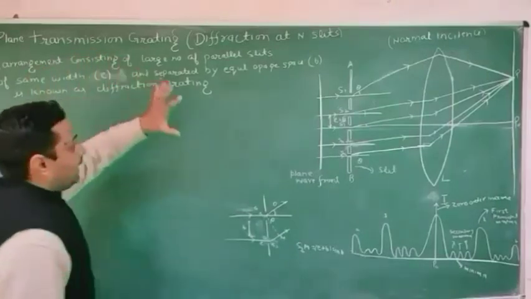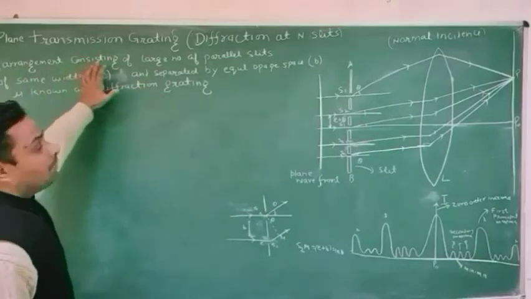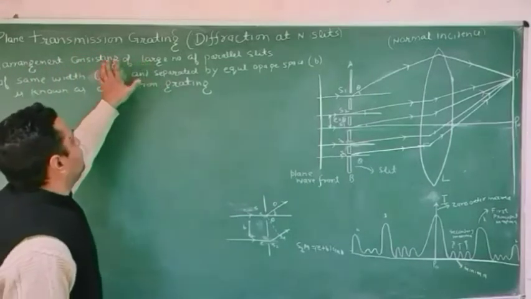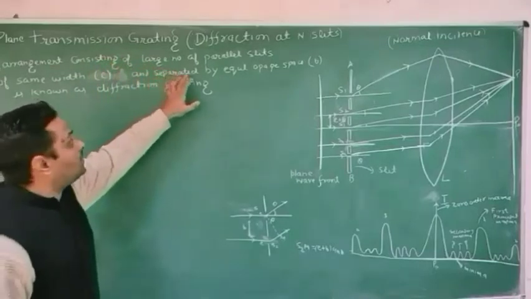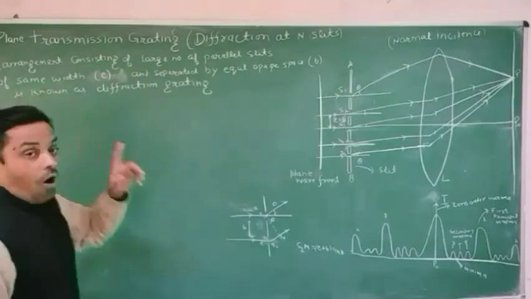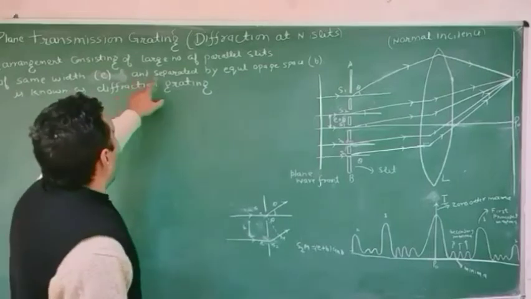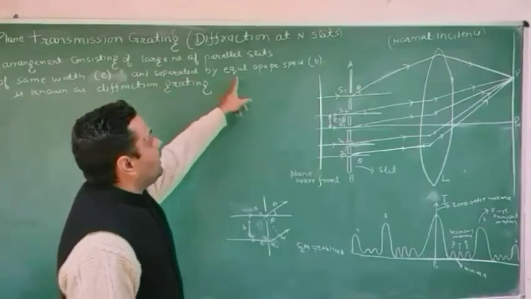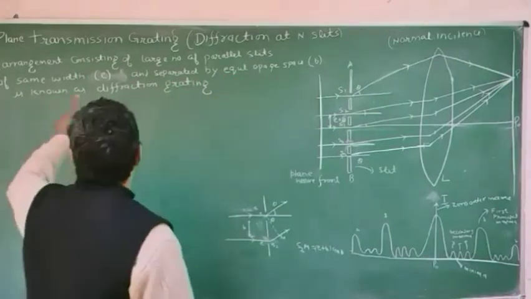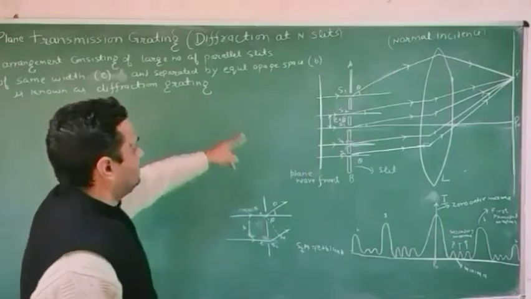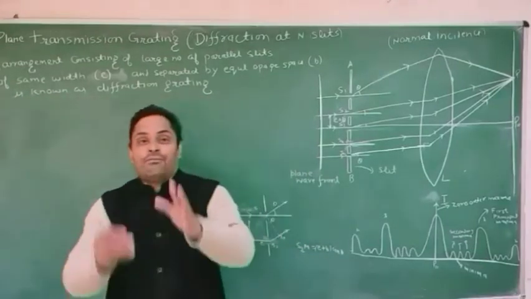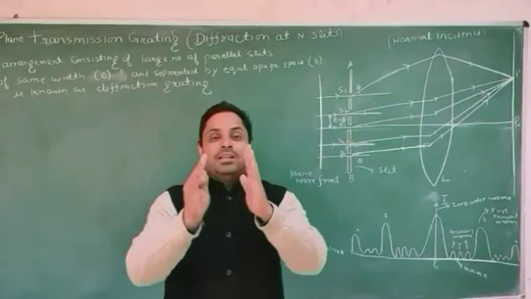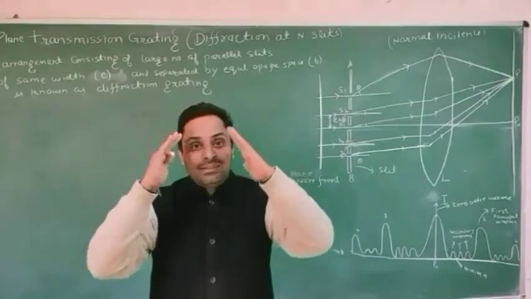Now the grating is basically an arrangement consisting of a large number of parallel slits of the same width e and separated by equal opaque spaces b, known as a diffraction grating. So a diffraction grating is basically a combination of N slits.